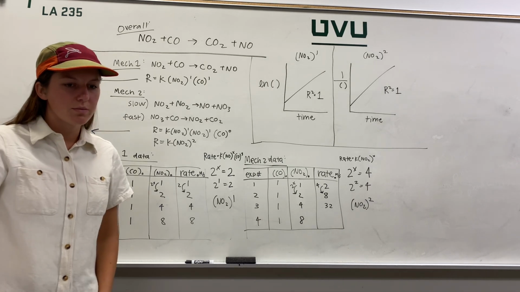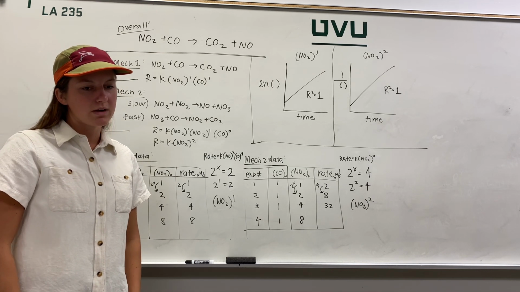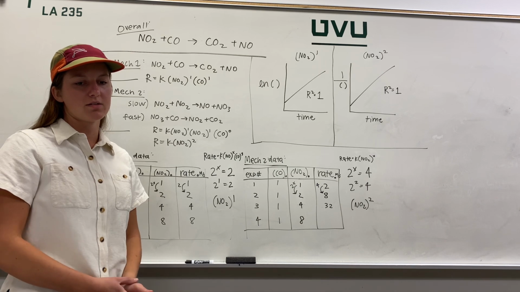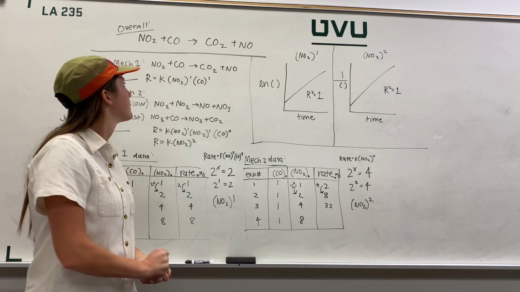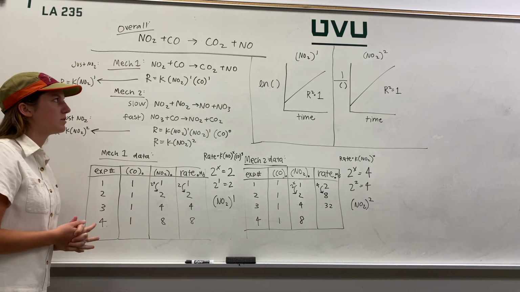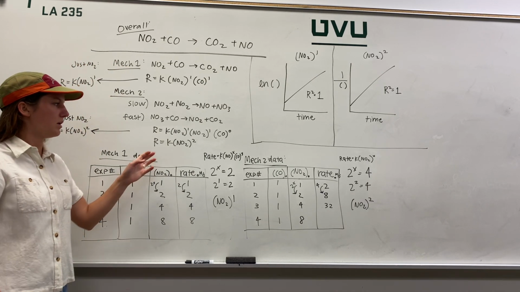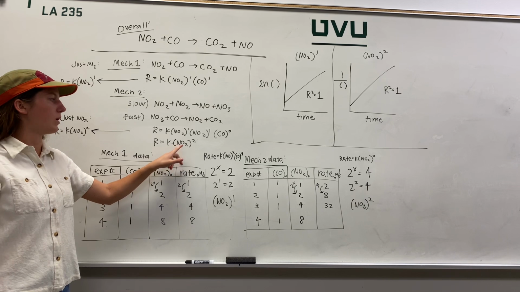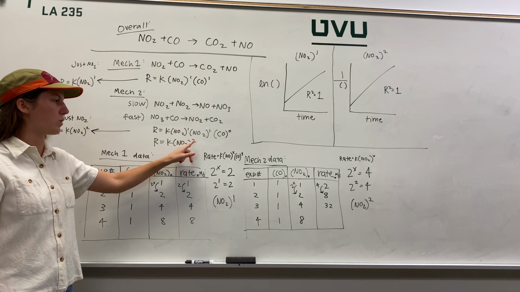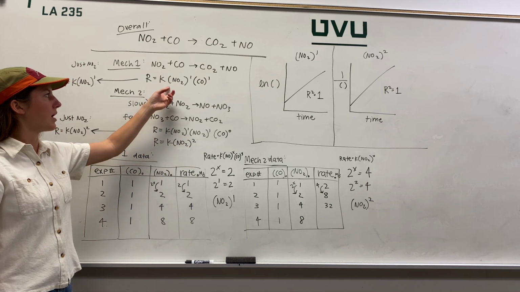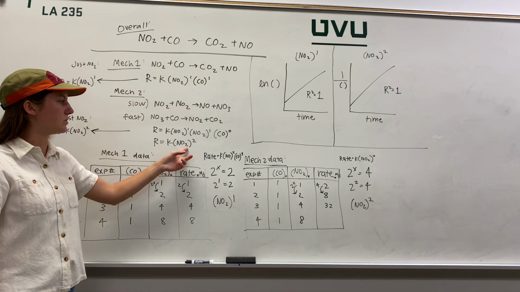So those are the rate laws for each mechanism, and then we're asked to design a kinetics experiment to distinguish between these two proposed mechanisms. To distinguish between them, we can look at the order of nitrogen dioxide. We can compare NO2 to the first order to NO2 to the 2nd order.